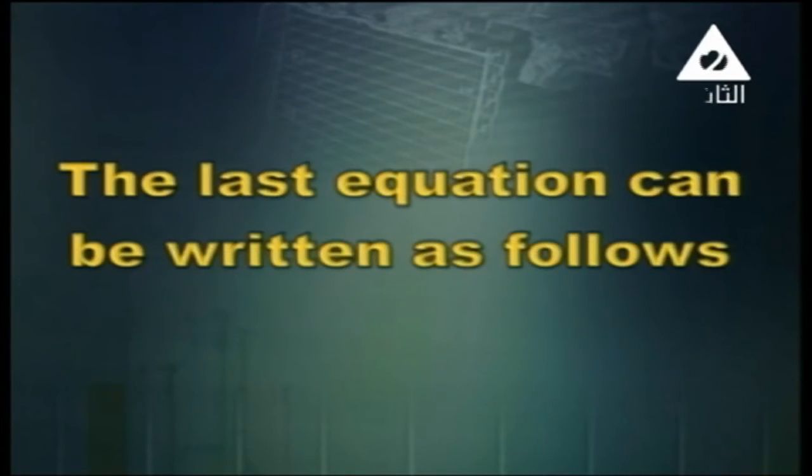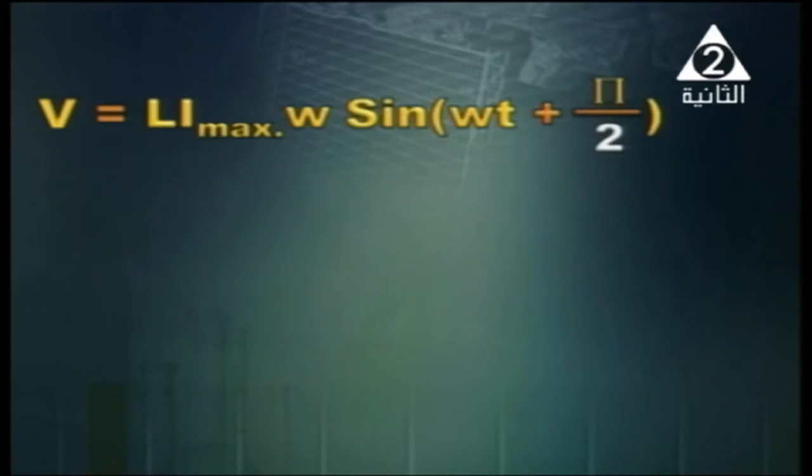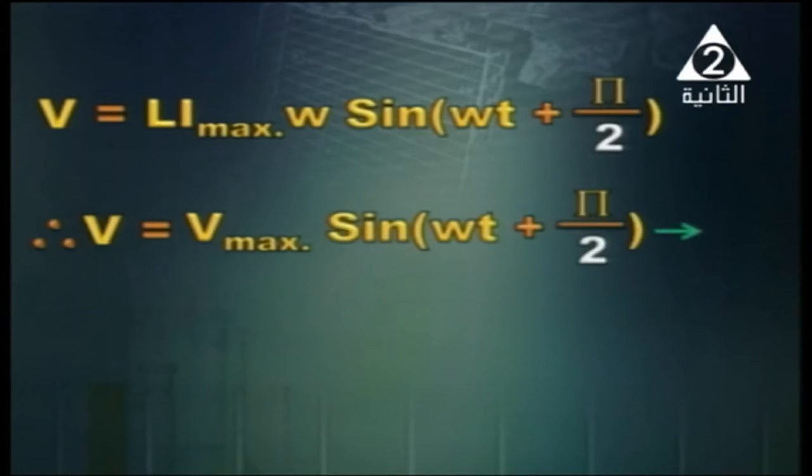The last expression can be written as follows. Cosine will be replaced by sine, and we'll add pi over 2. So V is equal to L I maximum omega sine of omega t plus pi over 2. So V equals V maximum sine of omega t plus pi over 2.